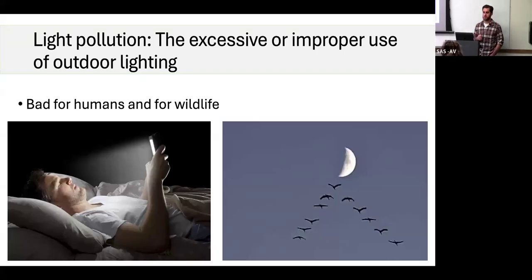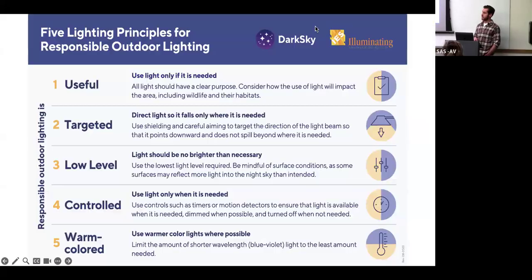And that's one of the reasons why your doctor may tell you to stay off your phone, especially at night. So, reducing light pollution is good for everyone. And there's 5 things that you can do. This is through the International Dark Sky Association. Five lighting principles for responsible outdoor lighting.